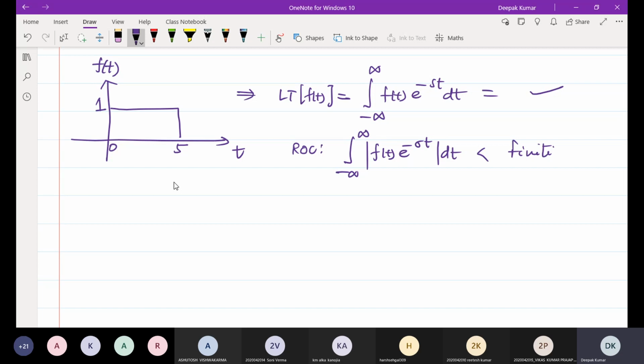Here f of t is from 0 to 5. The integration from 0 to 5 of 1 times e to the power minus sigma t dt. Now check the values of sigma for which this integration will converge.